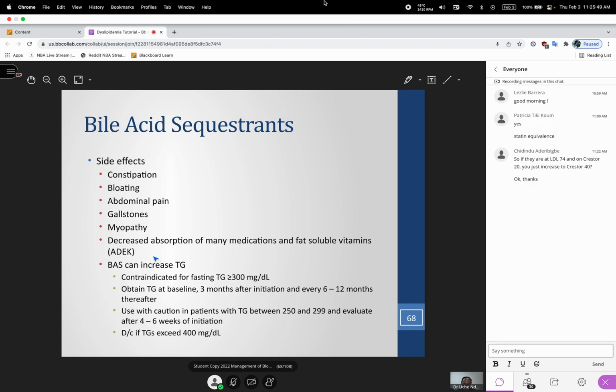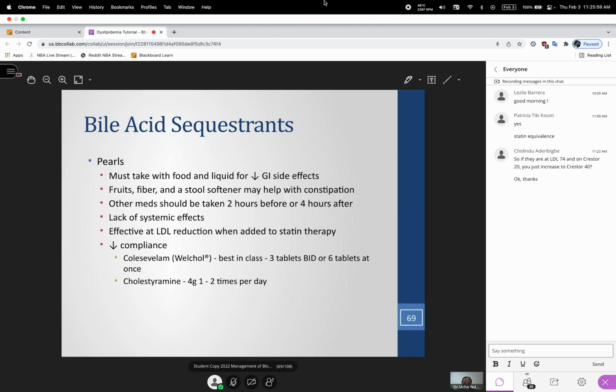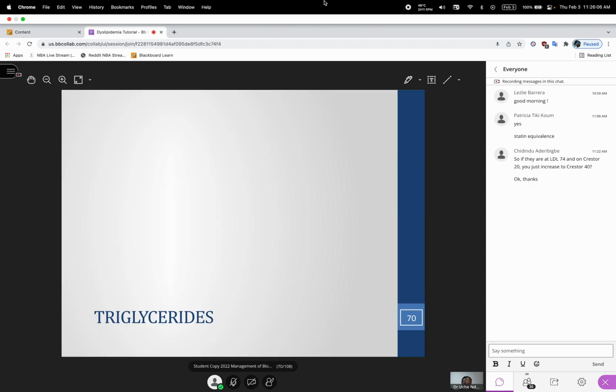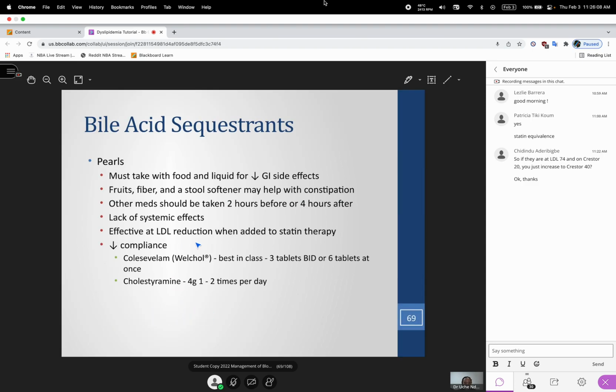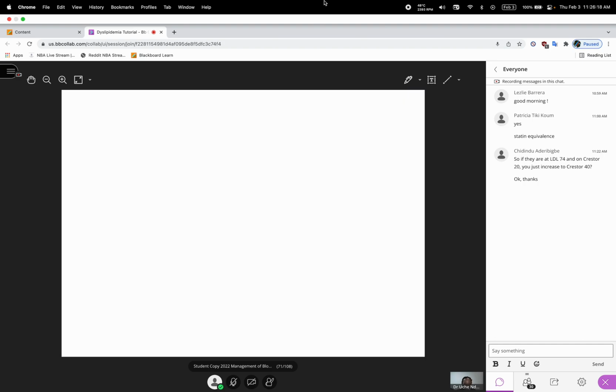You do need to make sure that you counsel patients to spread them out because they decrease the absorption of many medications and fat soluble vitamins. Okay, so 2 hours before, 4 hours after their other medications, if they're going to be taking a bile acid sequestrant. It is important to remember that Welchol you might see used in a patient that has diabetes because it is also FDA approved for the treatment of diabetes.